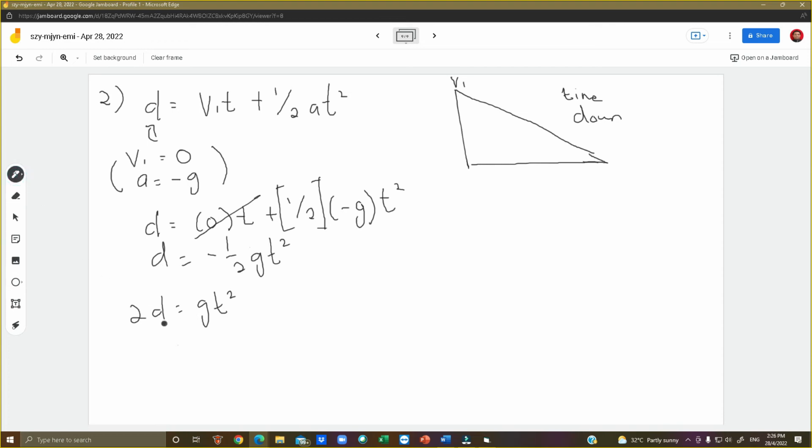So we have 2D equals GT squared. So what do we want to move to the front? T. Okay. So T equals the square root of 2D over G.